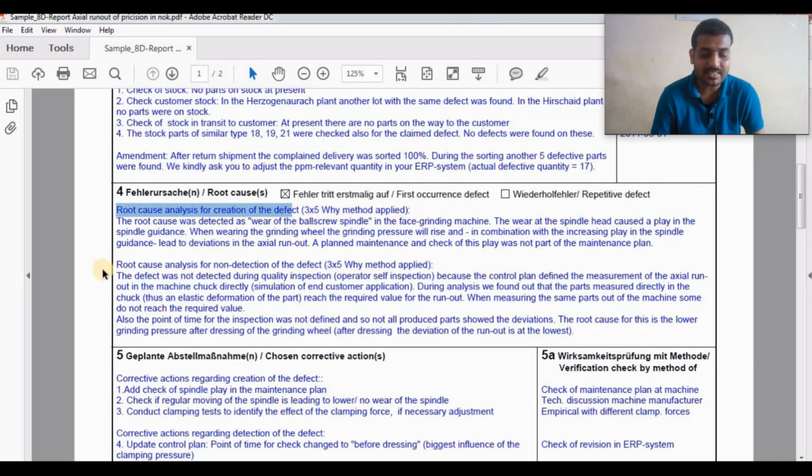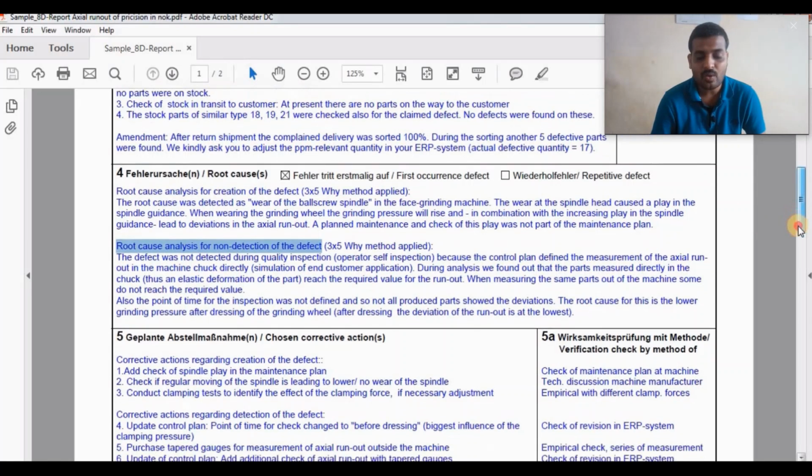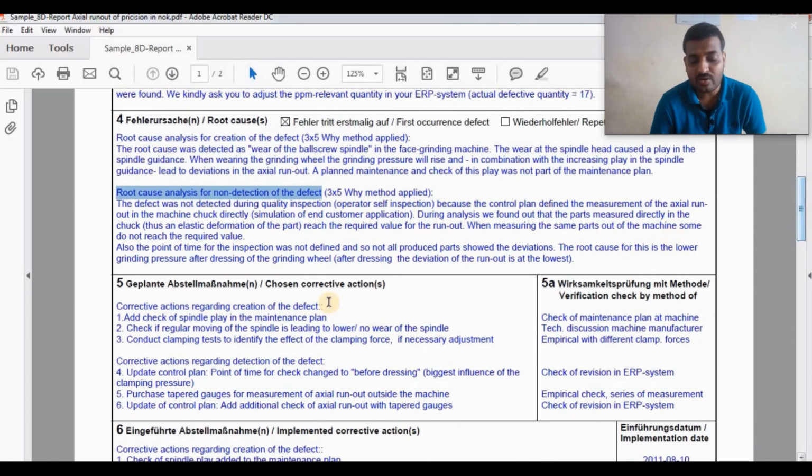You can see they have chosen actions like adding a check of spindle play in maintenance, checking if regular moving of the spindle leads to lower or no wear of the spindle, then conducting a clamping test to identify the effects of clamping force.